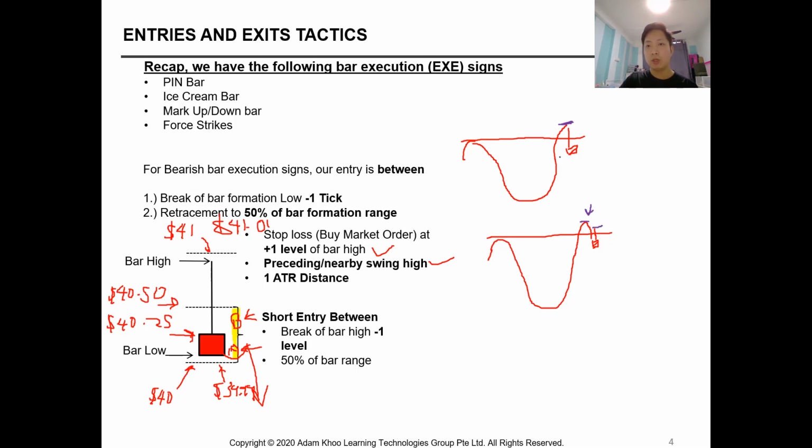So if you use different types of stop loss placement, you may place your stop loss differently if the high of the bar is not the swing high. Like I mentioned, most of the time I'm using this preceding nearby swing high. So regardless of whether it's formed by the EXE, I always put it at the highest point of the swing high, which is here.